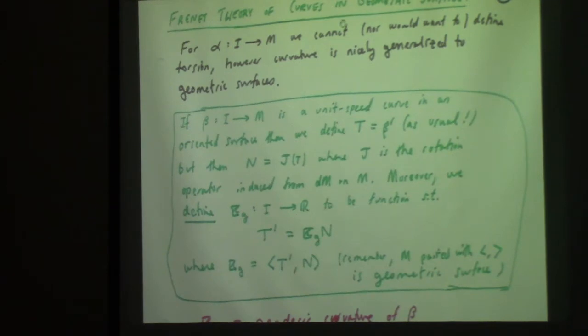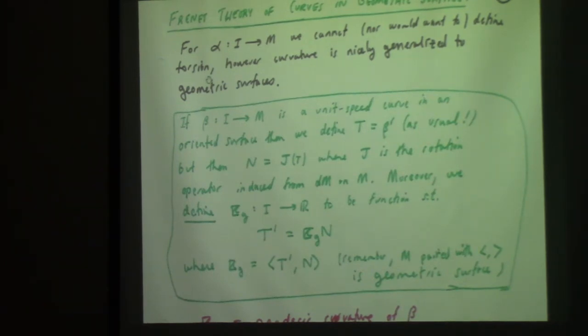Okay, so that brings us to page 32, which is on the Frenet theory of curves and geometric surfaces. This actually matters. This discussion feeds into the proof of the Gauss-Bonnet Theorem, which is our larger purpose today. So on page 32, we'd like to understand, for a curve on a surface, I don't really care about torsion because we're trying to stay on the surface, right?